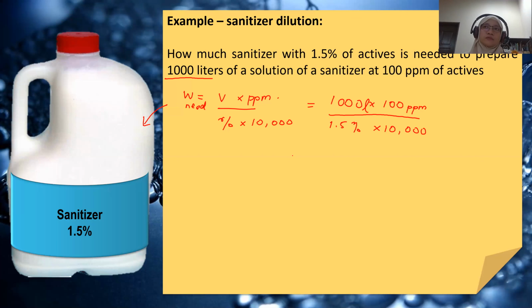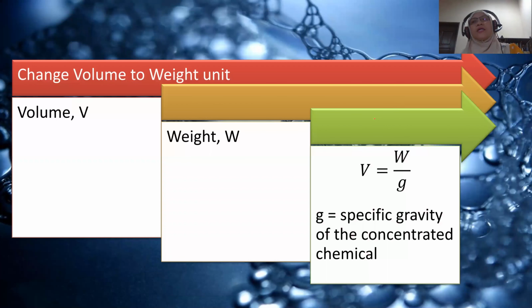By solving this equation, you will get 6.66 kilograms of concentrated sanitizer that needs to be taken and diluted into 1000 liters of water.